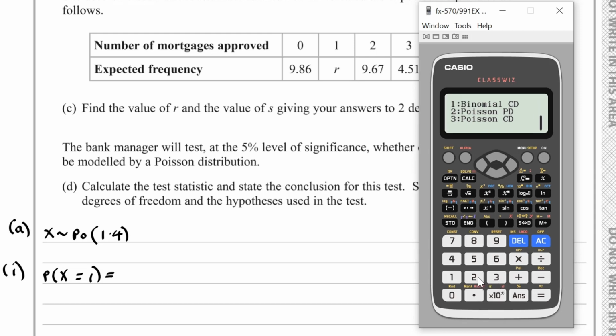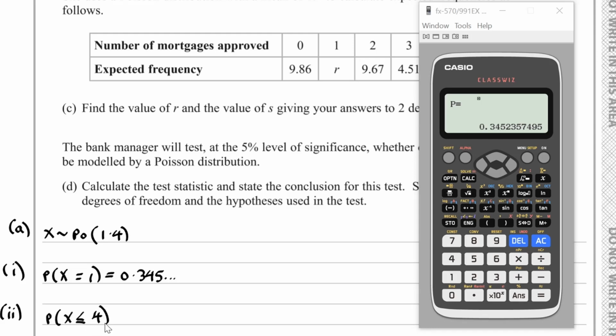We have a Poisson PD variable, x is equal to 1, the mean is equal to 1.4, so we end up with 0.345, etc. For the next part, we're looking at the probability that x is less than or equal to 4.